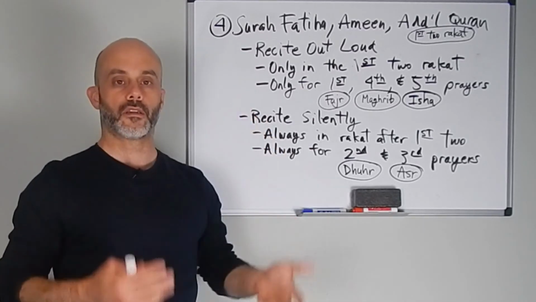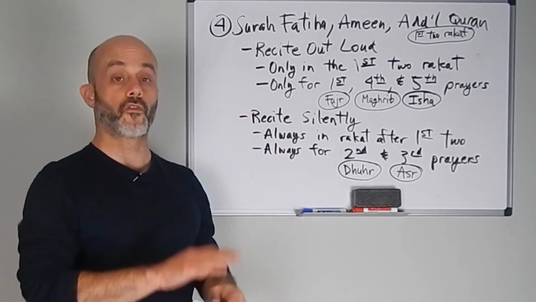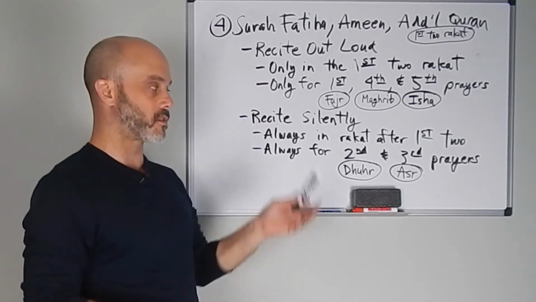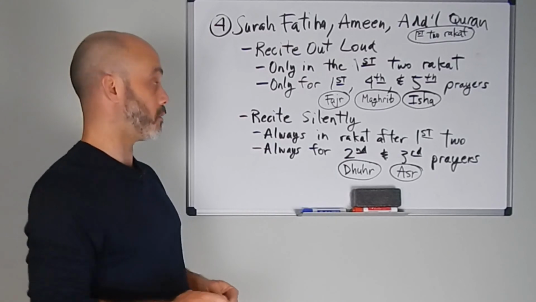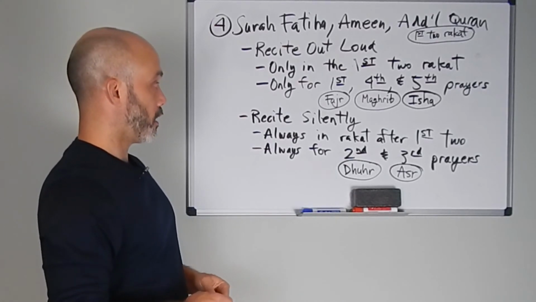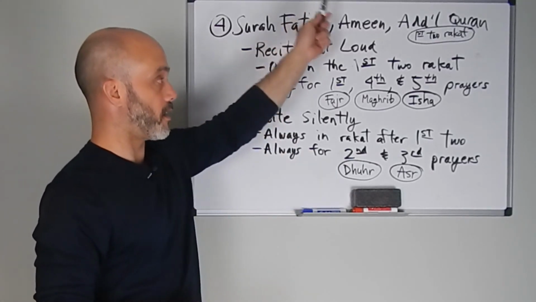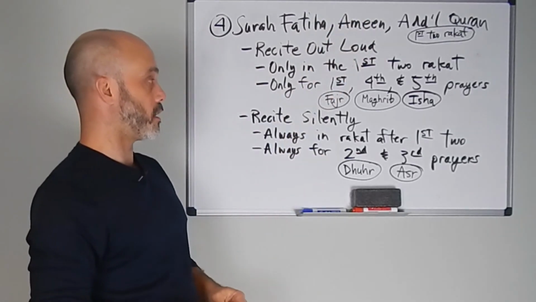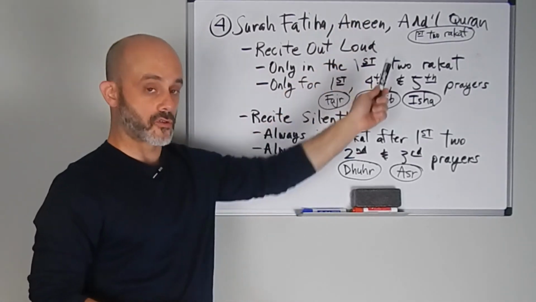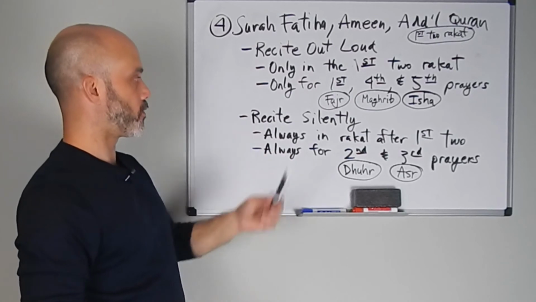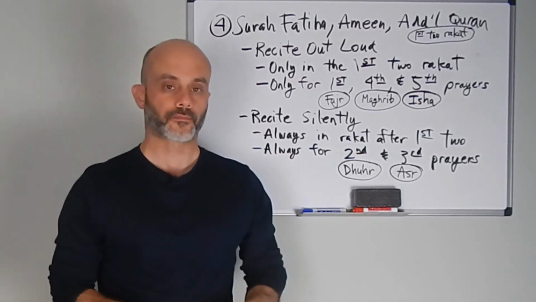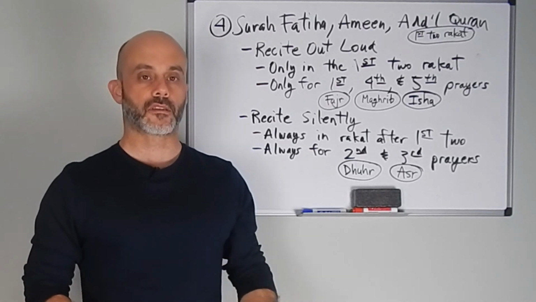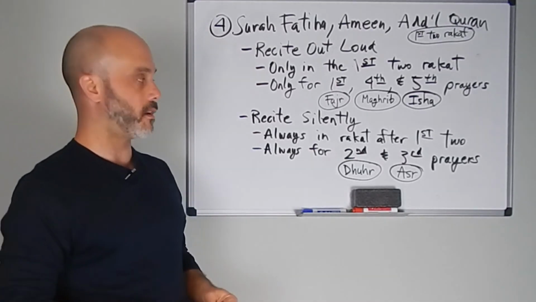Everything in between is silent for all the rakat, not just the last 2, but the first 2 as well. And you recite Surah Fatiha, Ameen, and the additional Quran only in the first 2 rakat and only for the 1st, 4th, and 5th prayers. So that's kind of a lot. So let's recap this quickly in a little bit of a review.